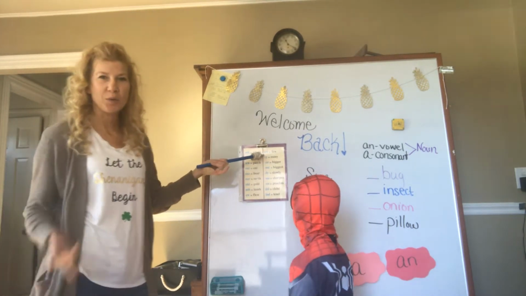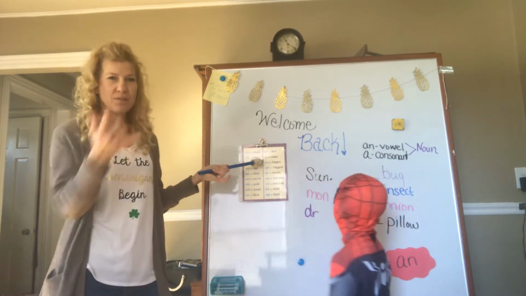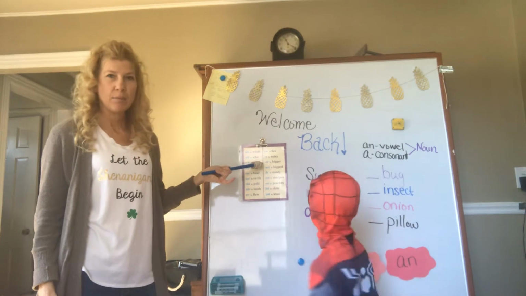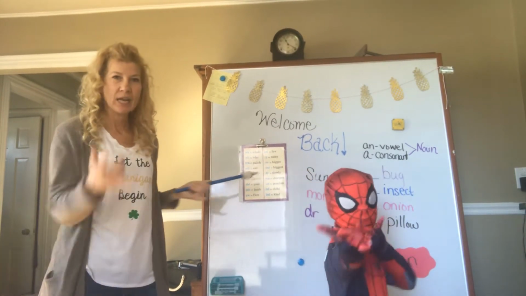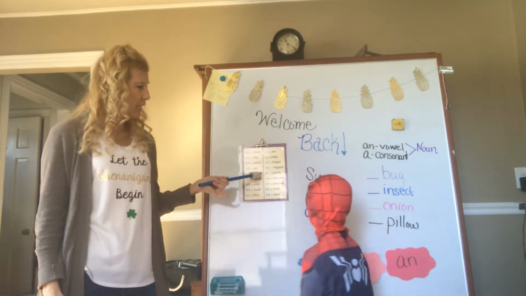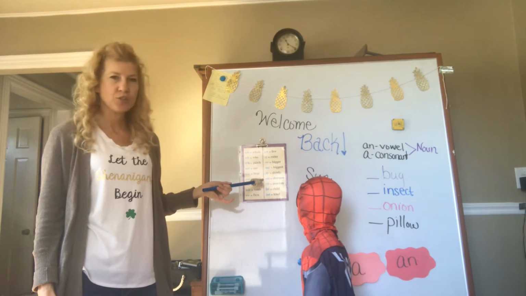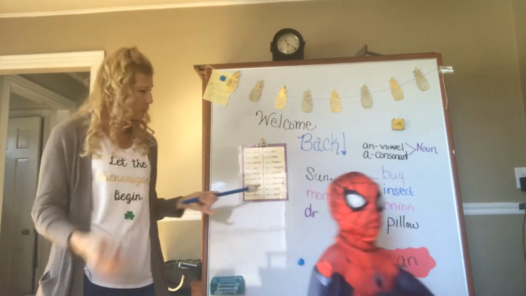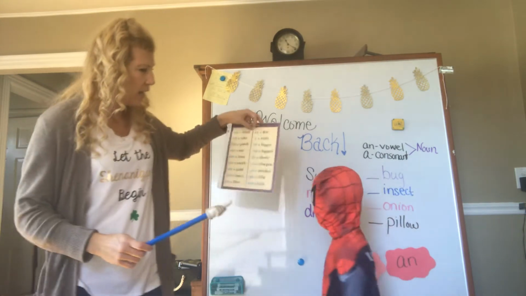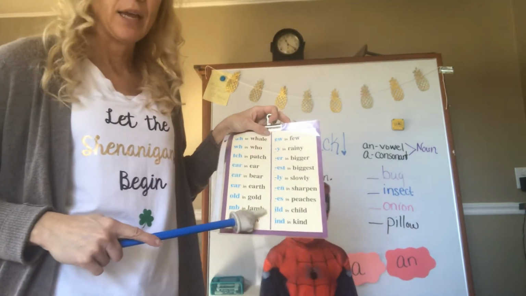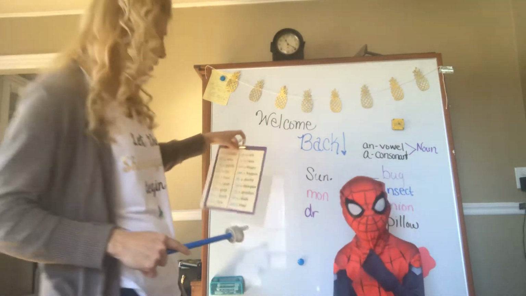U in few, E-W. E in rainy, hyphen Y. Er in bigger, hyphen E-R. Est in biggest, hyphen E-S-T. Lee in slowly, hyphen L-Y. N in sharpen, hyphen E-N. S in peaches, hyphen E-S. Ild in child, I-L-D. Ind in kind, I-N-D. Good job.